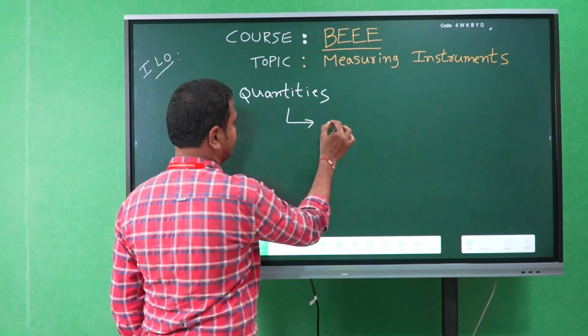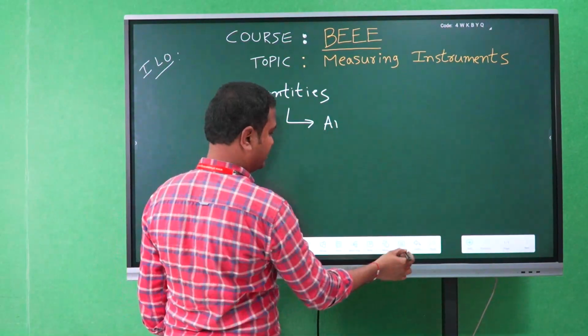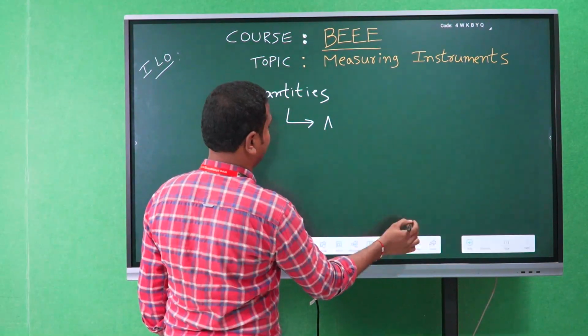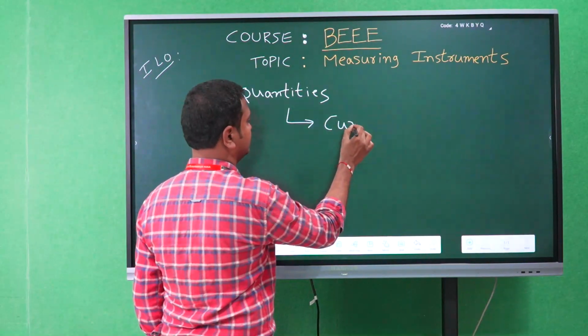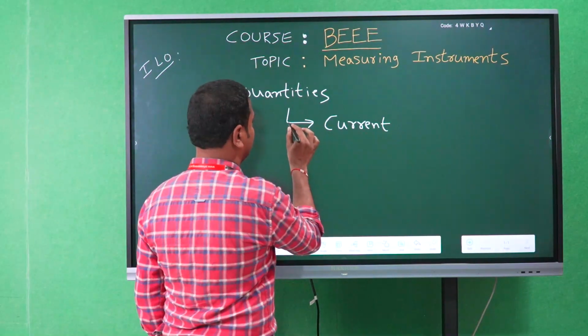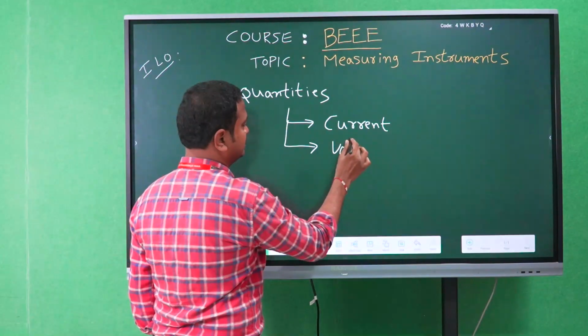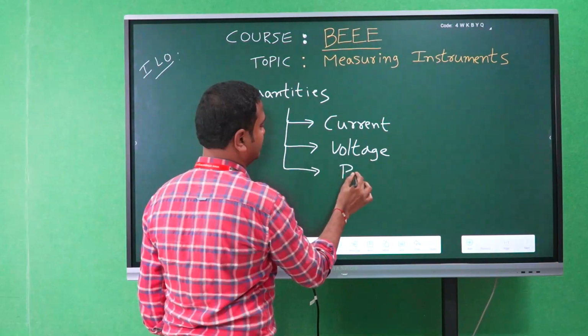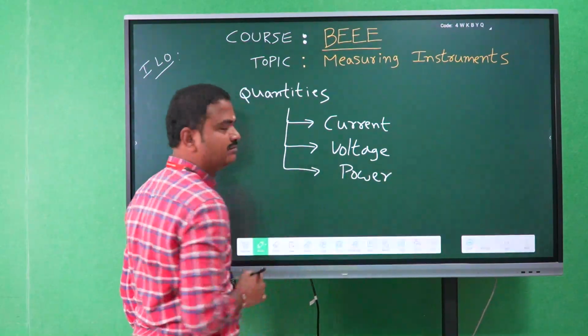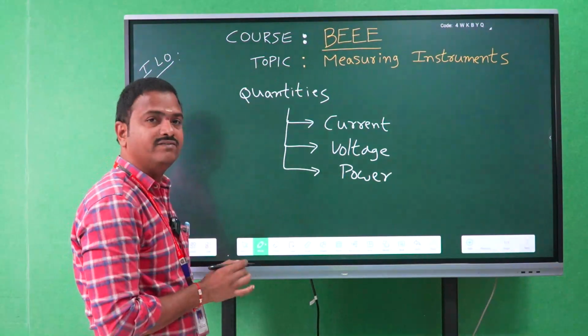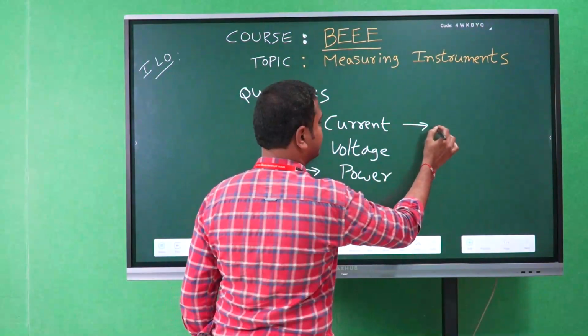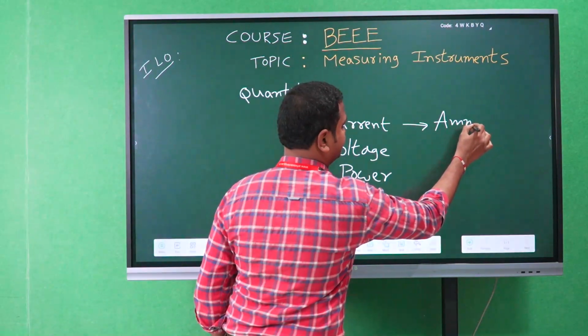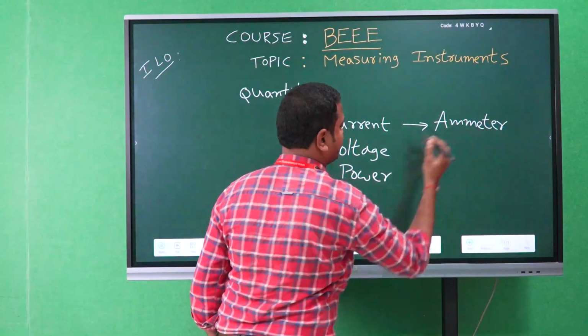Quantities means electrical quantities like current, voltage, power, etc. The instrument which measures the current is known as an ammeter.